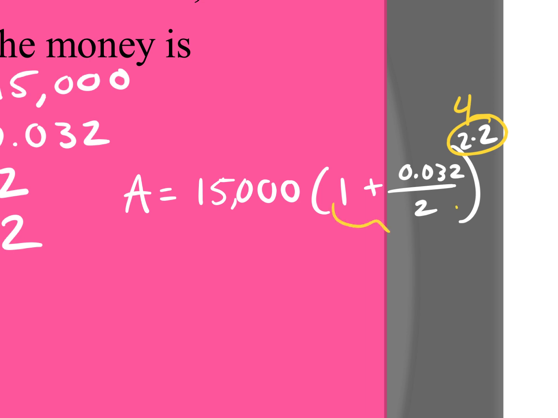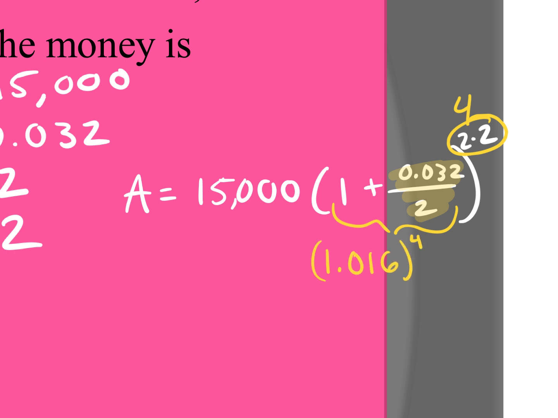Next, I'm going to do inside the parentheses. First thing I have to do in the parentheses, though, is going to be divided. So in my calculator, I have 0.032 divided by 2. And then plus 1, you should get 1.016.